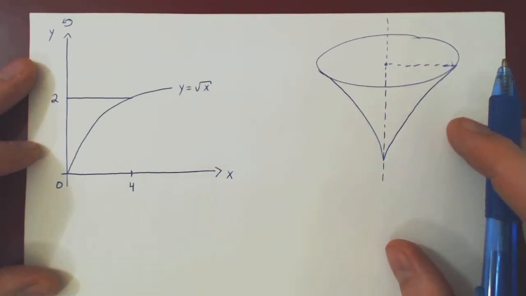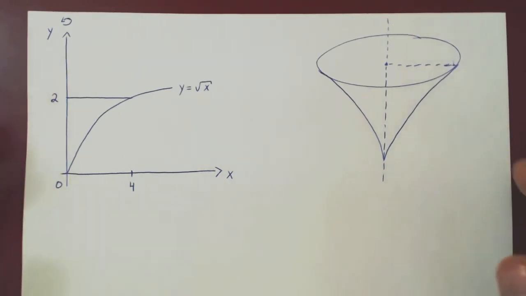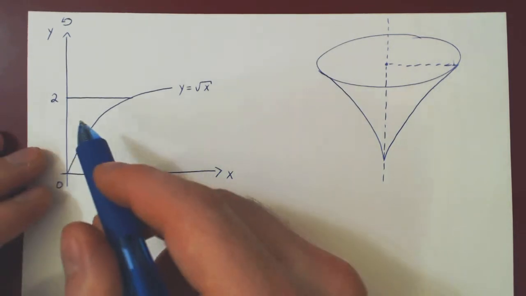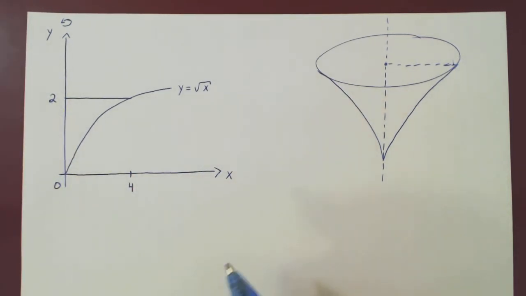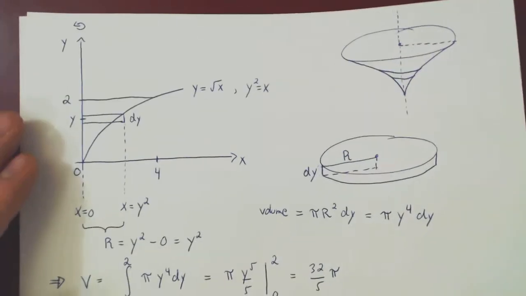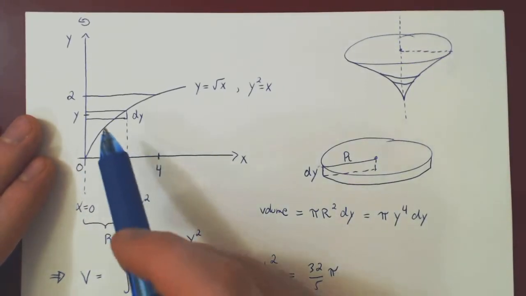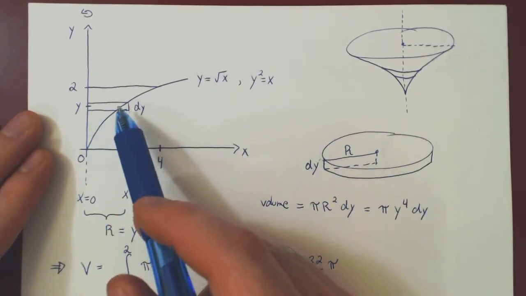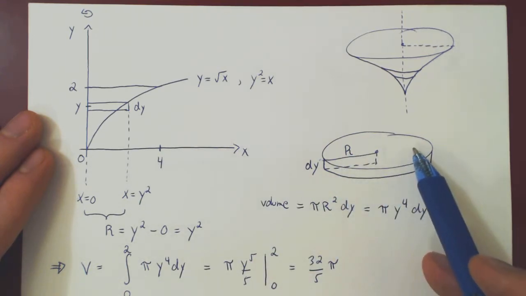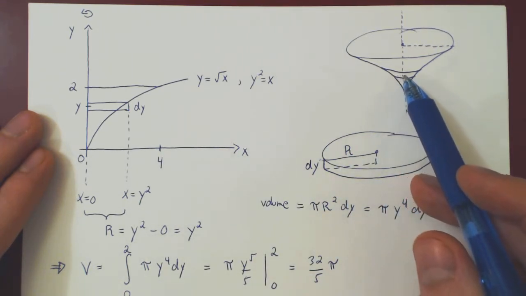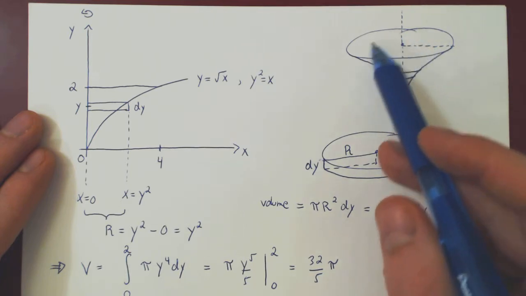Now, if you remember, we solved this problem in the previous video using a set of horizontal rectangles, and this was our solution. Our horizontal rectangles generated disks. Disks were little cross sections of the full solid.